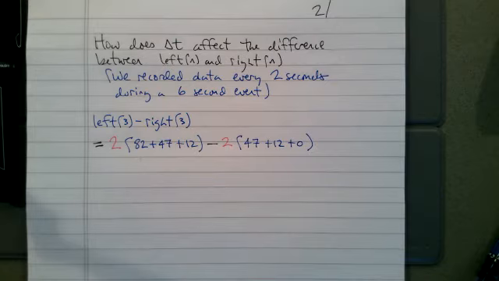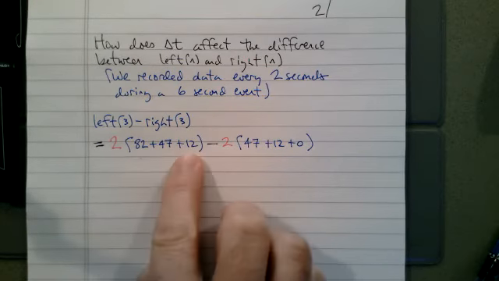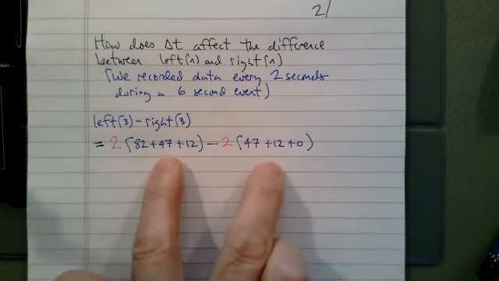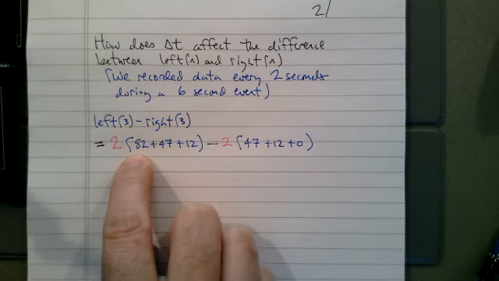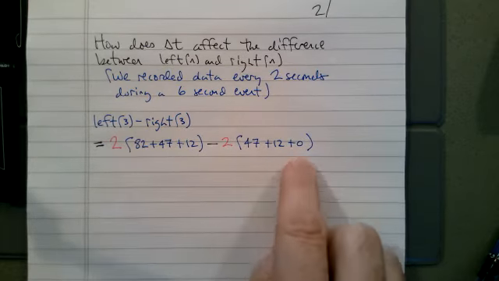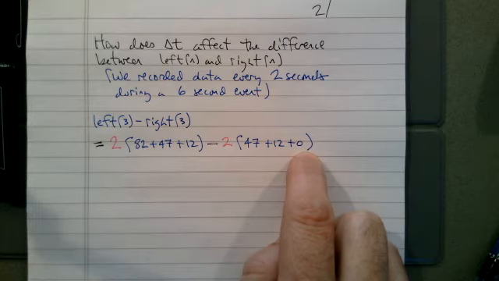Now, since the right end of one rectangle is the left endpoint of another rectangle, we can see that I'm using the 47 and the 12 in both the left and right calculations. But the first one, the 82, is only the left of the first rectangle, and 0 is only the right of the last rectangle.